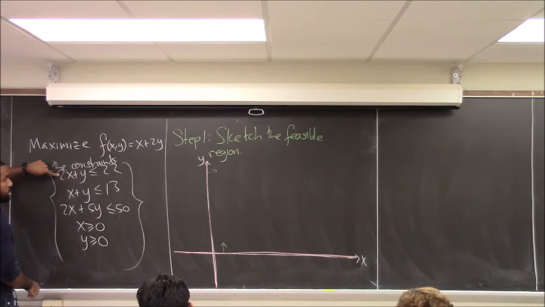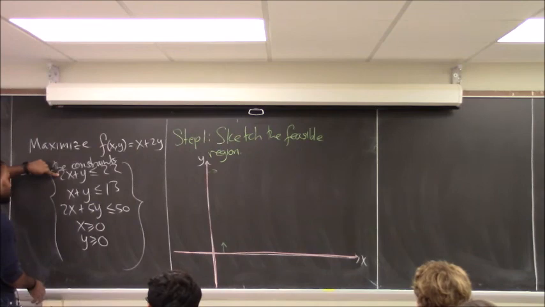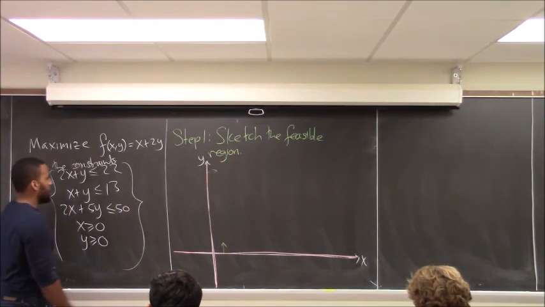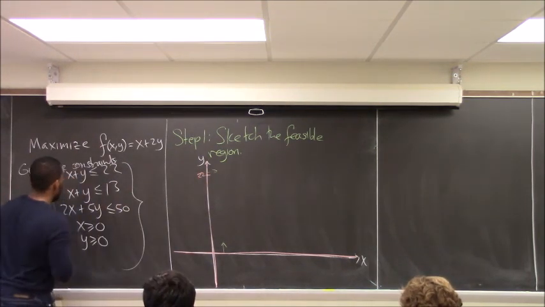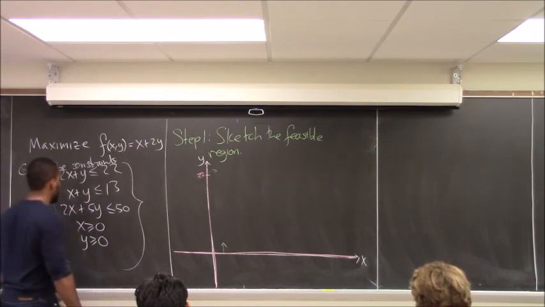What do you do when you want to sketch a line? Find the intercepts. How do I do that? Plug in zeros for x and y respectively. So if I plug in x equals 0, I get y equals 22. I think that's going to be the largest y, so 22 is where it's going to pass through. And if I plug in y equals 0, I would get x equals 11.